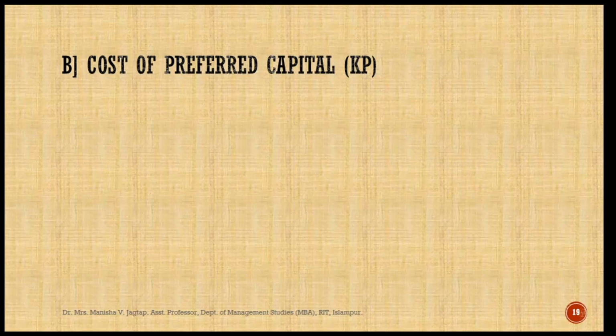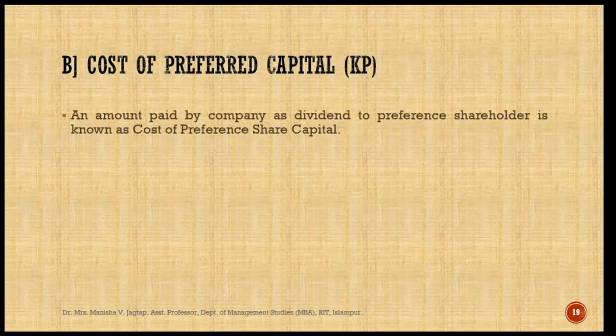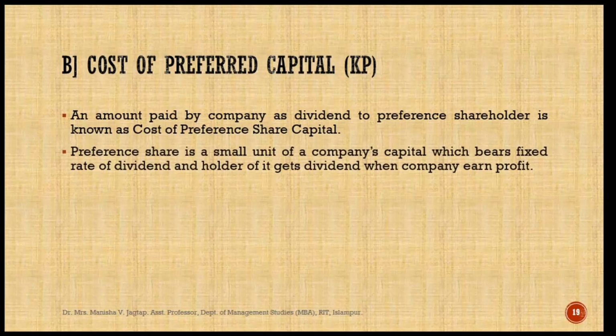This is preferred capital, that means preference share capital. The amount paid by the company as dividend to preference shareholders is known as cost of preference share capital. Preference share is a small unit of company's capital which bears a fixed rate of dividend, and the holder gets dividend when the company earns profit.